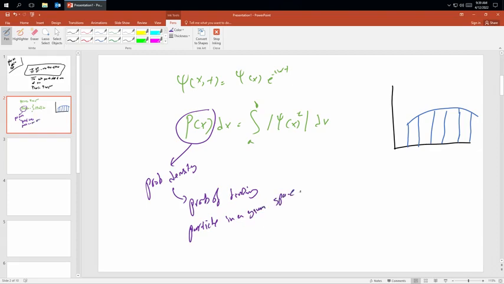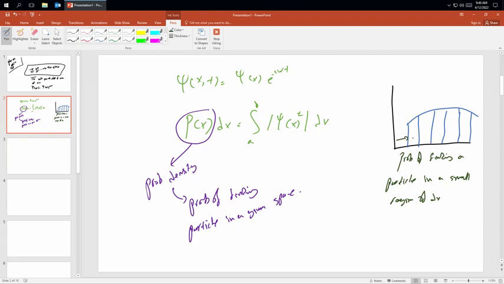So basically, you got this graph over there, and your probability of finding a particle in a small region of dx.